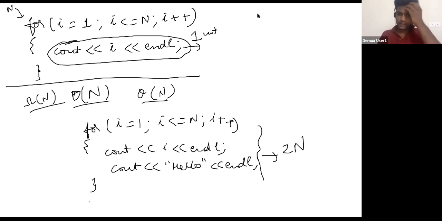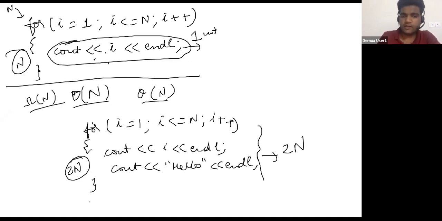If we double the input size, the time to run is doubled, and so the constant multiplied can be ignored. This obviously takes twice the time that the earlier program took to run, right? There is no doubt about that, because you are doing 2n operations here, and you were doing n operations there. So this will definitely take twice the time.